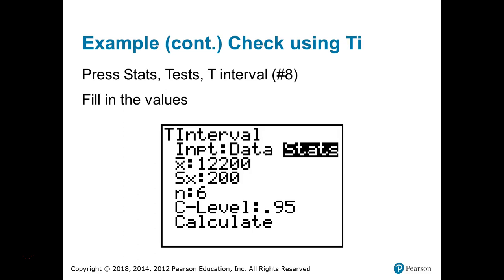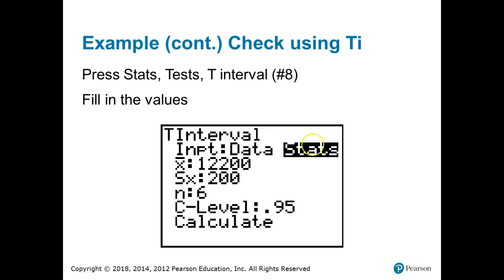I think the default is going to be Data, so go right to Stats. Your x bar is going to be 12,200. Your sample standard deviation is going to be 200. Your n value is going to be 6. And your confidence level is going to be 0.95.